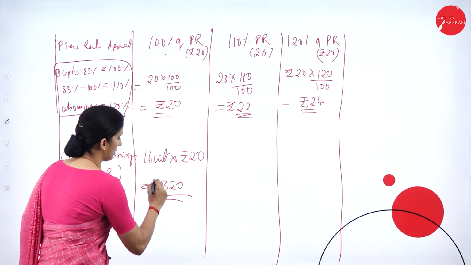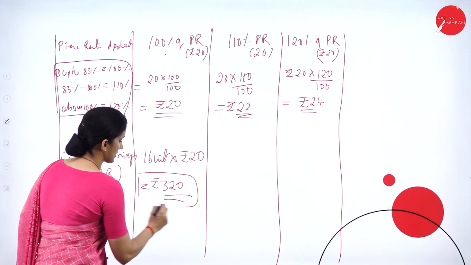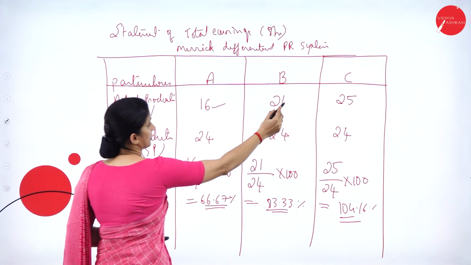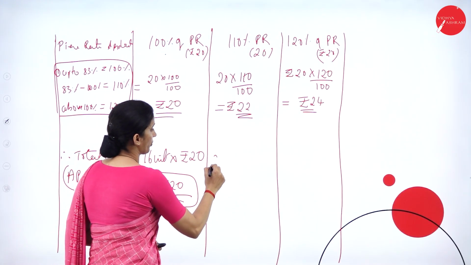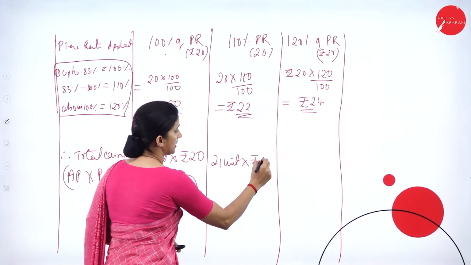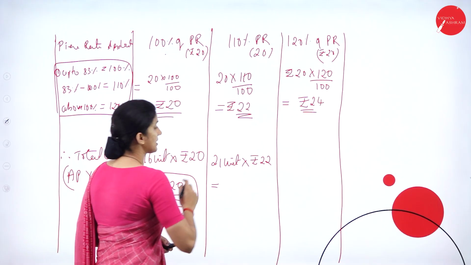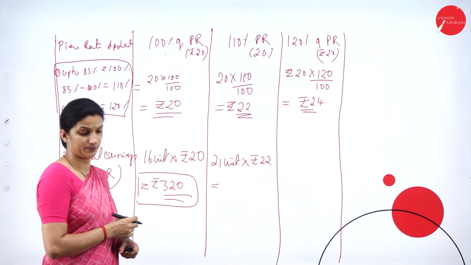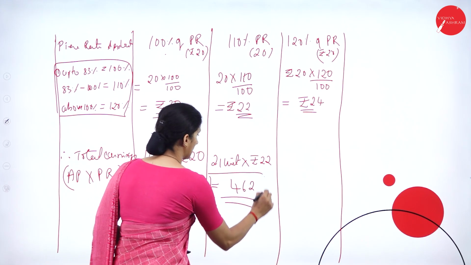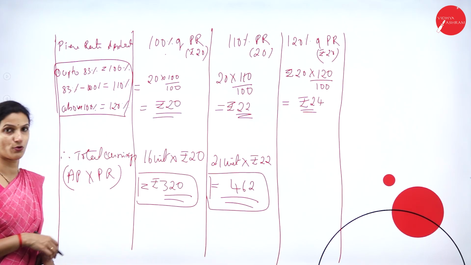So A's total earnings is 320. Now comes B. His actual production is 21 units into piece rate for him, rupees 22. So his total earnings is 462. So B's total earnings under merit plan is 462.